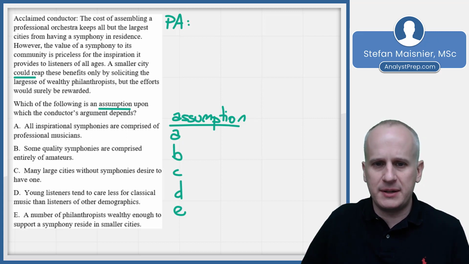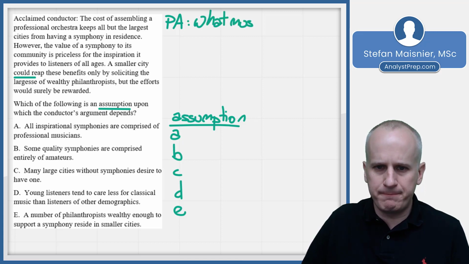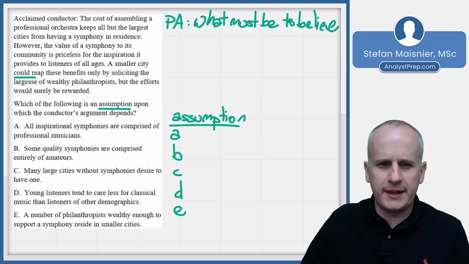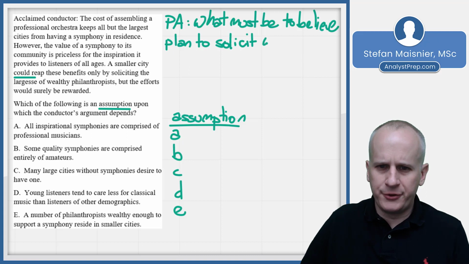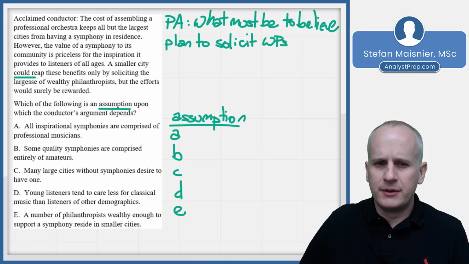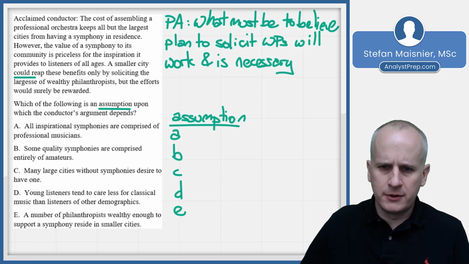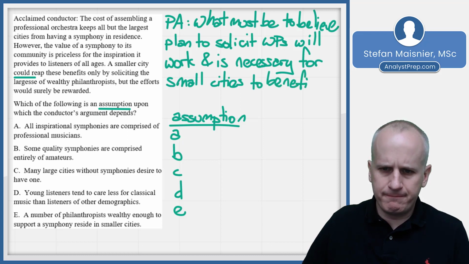And so our predicted assumption is just going to be what must be true to believe that the plan to solicit, and we'll just call them WPs for wealthy philanthropists, will work and is necessary for small cities to benefit from a community symphony.